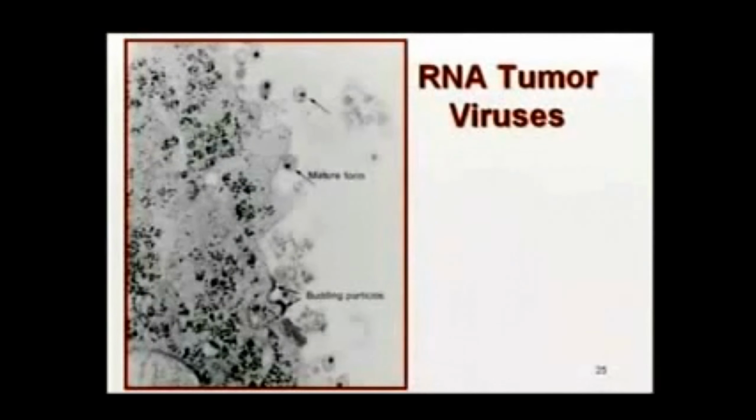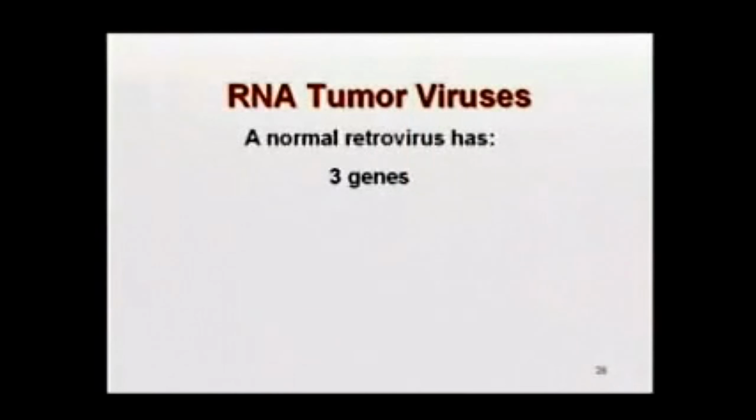They're pretty small viruses. They normally have genomes of about 10,000 base pairs, and they have 3 genes. So if you're an RNA tumor virus, you can get away with just 3 genes to make more offspring. So they're pretty simple.